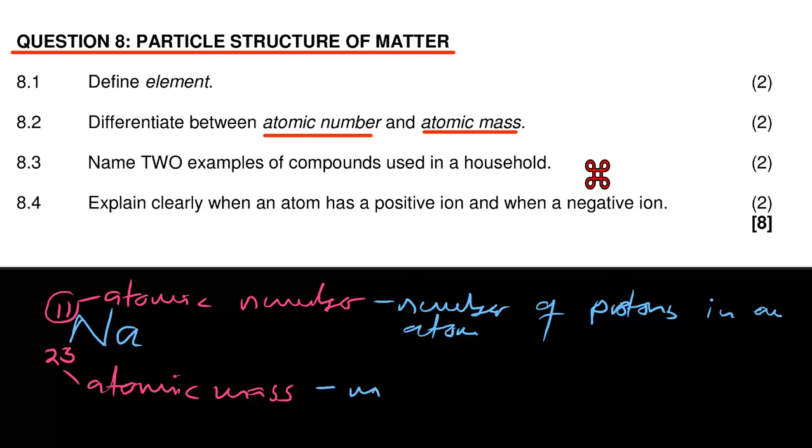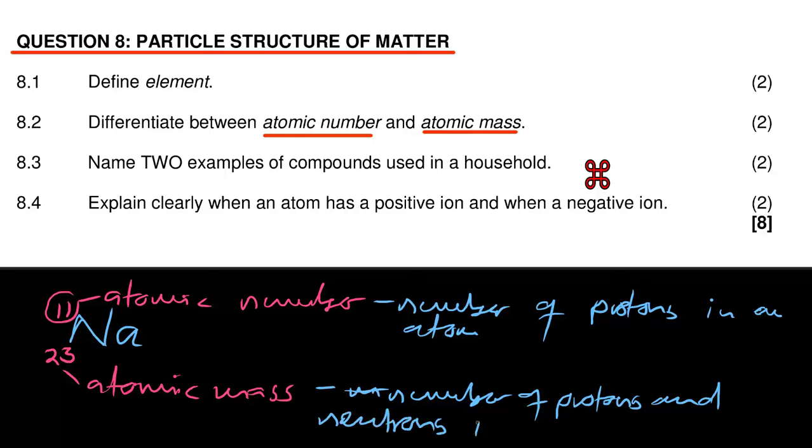It is the number of protons and neutrons in an atom. That is the key difference. When you're looking at the atomic number, you are just focusing on the protons, but when you're looking at the atomic mass, you are looking at the number of protons and neutrons.